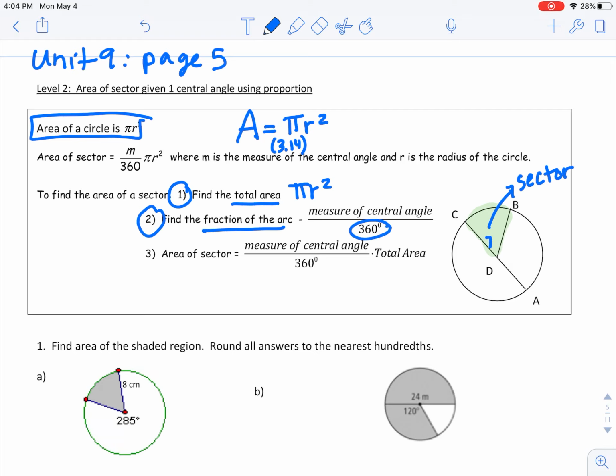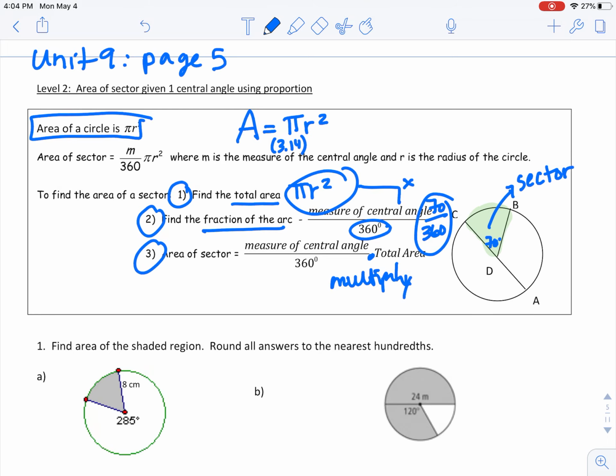Whatever the degrees were, you put that angle over 360. Step 3 is exactly the same: you multiply the area times the fraction, after you've reduced it. Same process, it's just finding area this time instead of length.